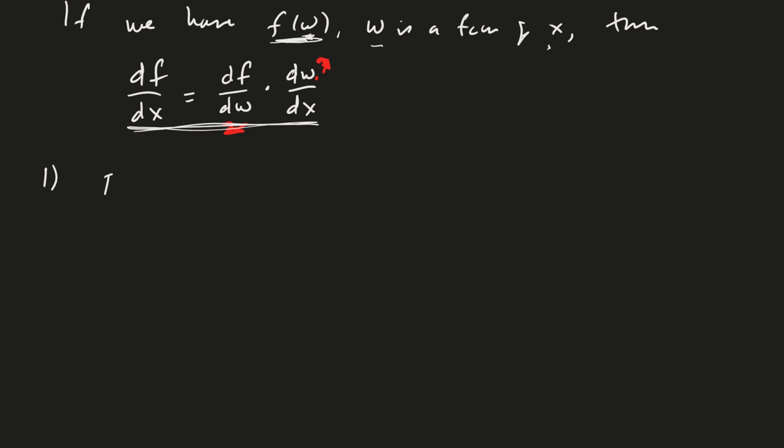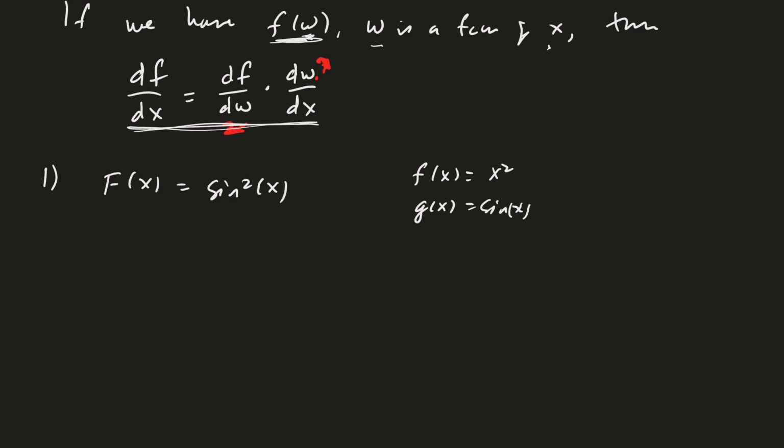Example 1: f of x equals the sine of x squared. We already know that one way of writing this is that f of x is x squared, and g of x is the sine of x.